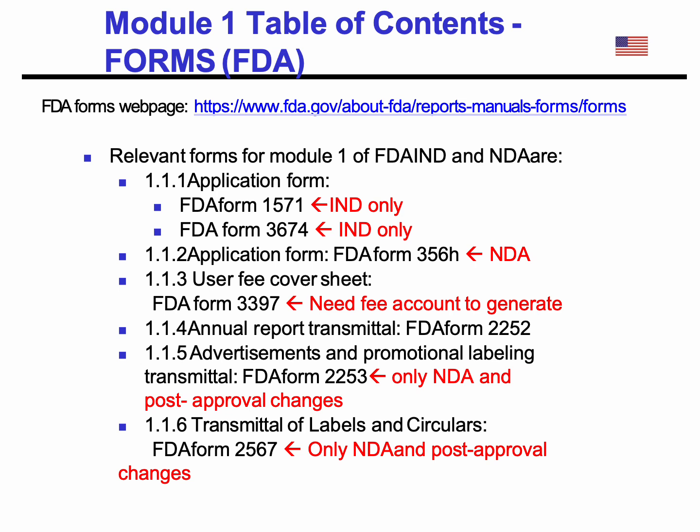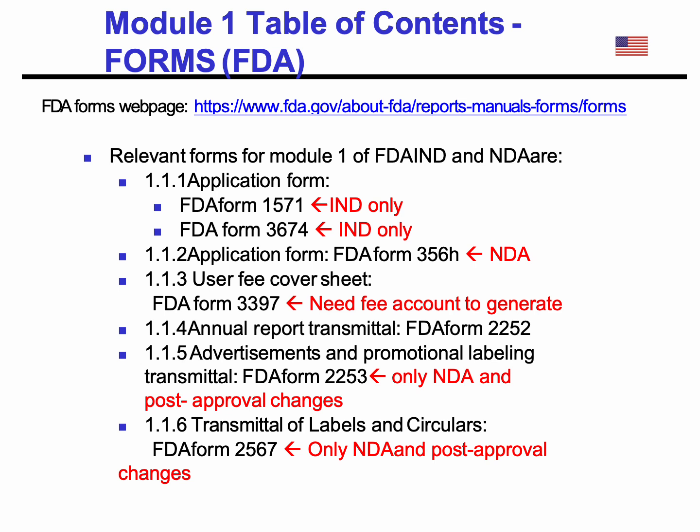Now, continuing with these modules, we have relevant forms for module 1 of FDA, IND, and NDAs. For example, we have FDA forms 1571 and 3674 that are specifically for IND.